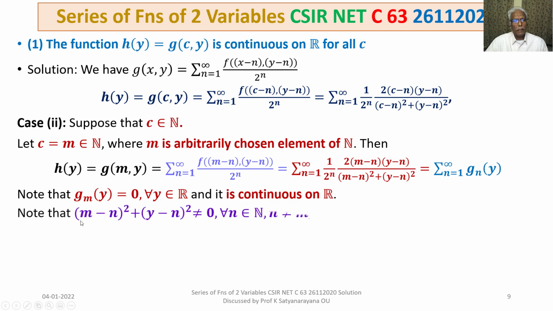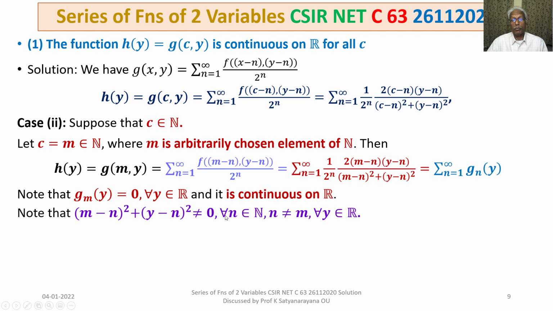Note that (m minus n) whole square plus (y minus n) whole square is not equal to 0 for all n belongs to N, for all n not equal to m, for all y belongs to R. So when n not equal to m, m minus n is not 0, its square is not 0, the whole is not 0.